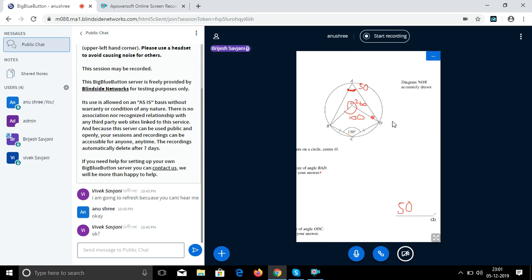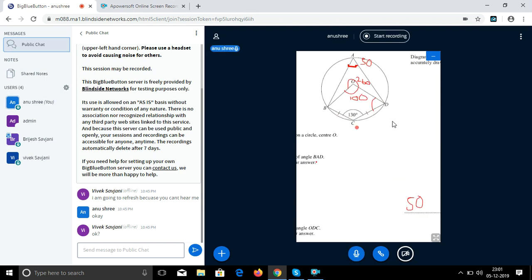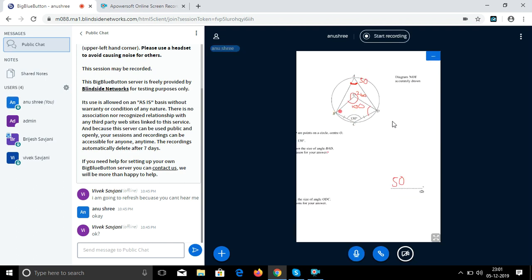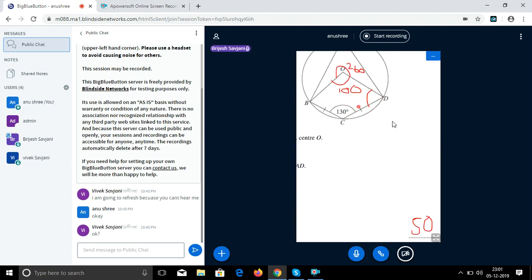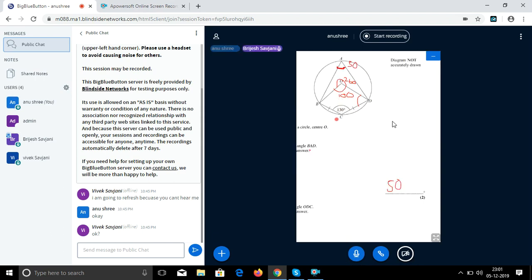So it wants us to also find out the length of that one. So the whole ABCD is a cyclic quadrilateral, which means 150, 130, 150.